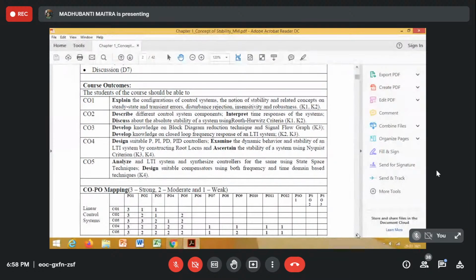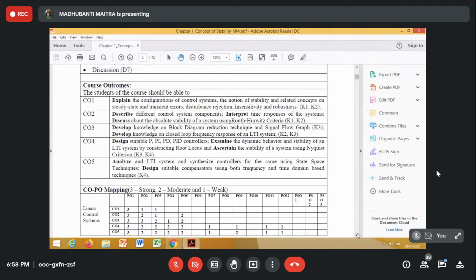And the last, CO5: the students should be able to analyze LTI systems and synthesize controllers for the same using state space technique, and design suitable compensators using both frequency and time domain based techniques.